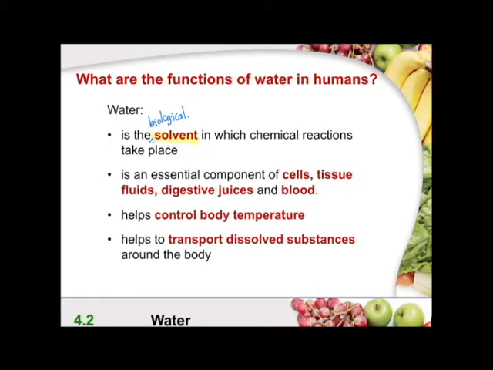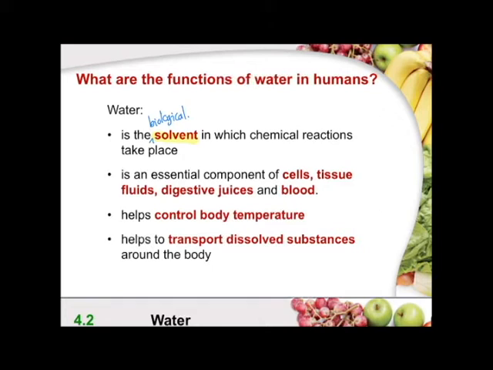Chemical reactions can be anything. For example, when you were in Sec two, you learned the chapter on changes in matter, where there are chemical changes like oxidation, combination and other processes, and also respiration.